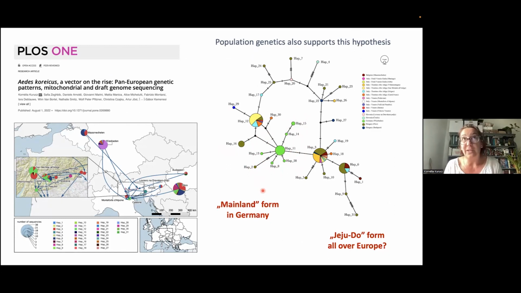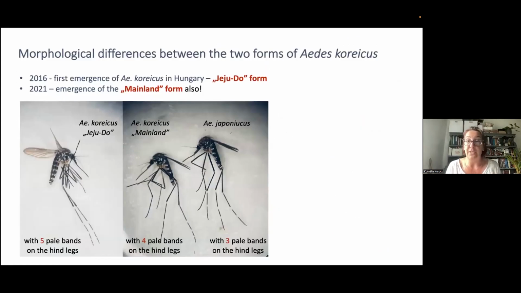At that point, we also realized that maybe behind the different morphological form there is a different, independent introduction to the continent, and maybe there are some genetic differences between the two forms. So after that, a good question is which form is present or spreading better, or does it matter from the biological point of view?